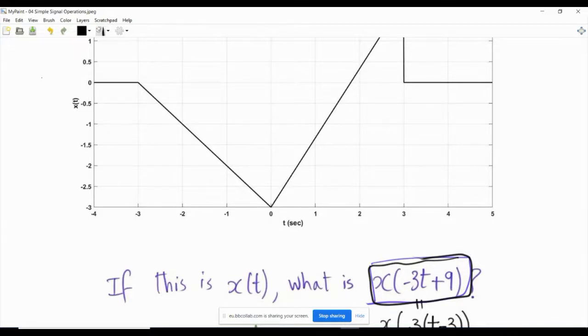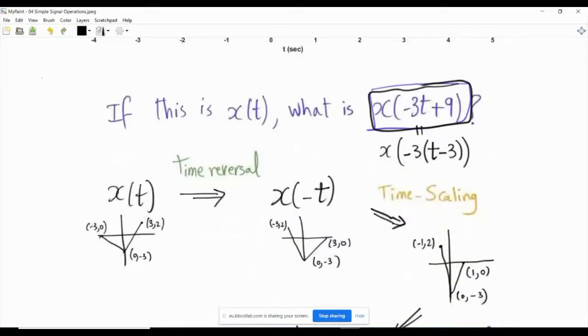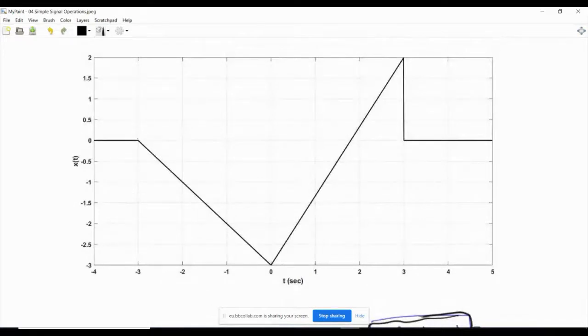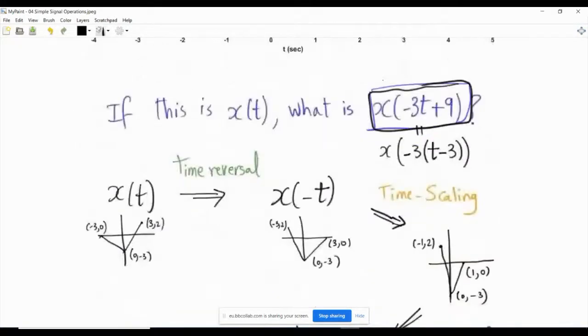To understand what x of minus 3t plus 9 is, we have three simple operations, so let's do them one by one. This is our signal x of t, basically linear here, and linear there, and otherwise equal to 0.